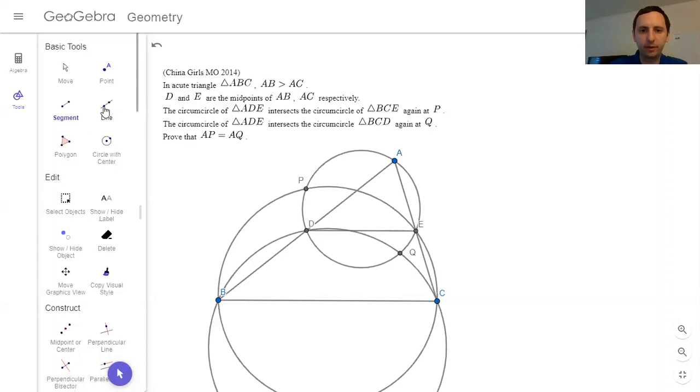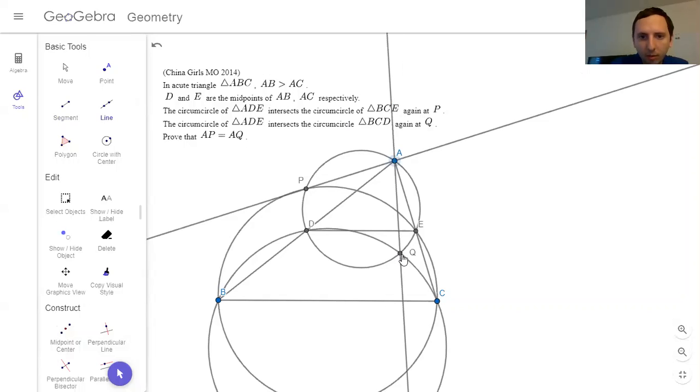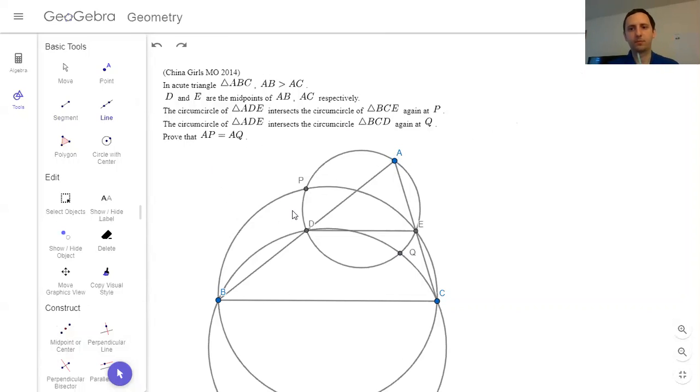So showing that AP... I invert about A. And what radius?